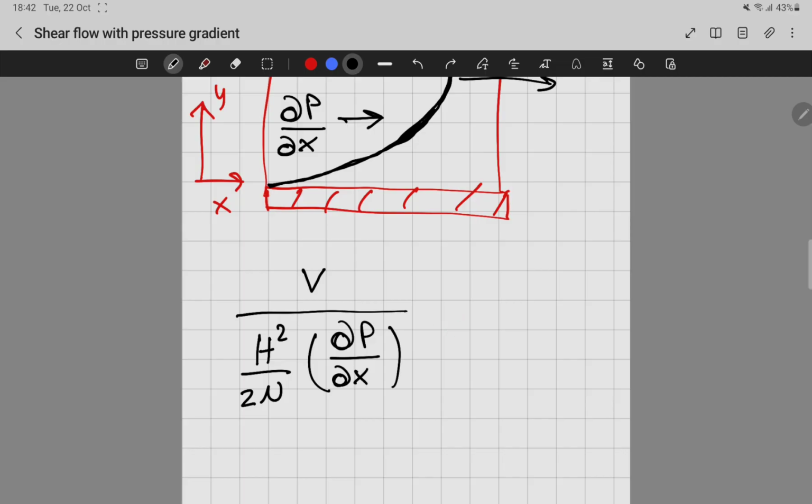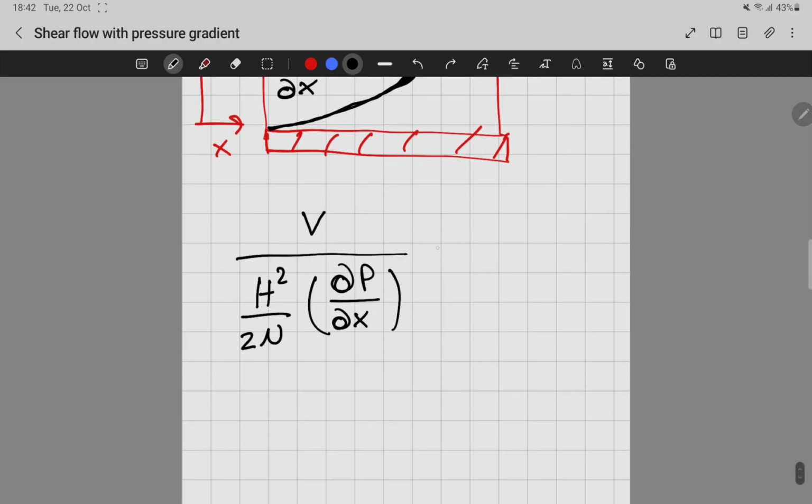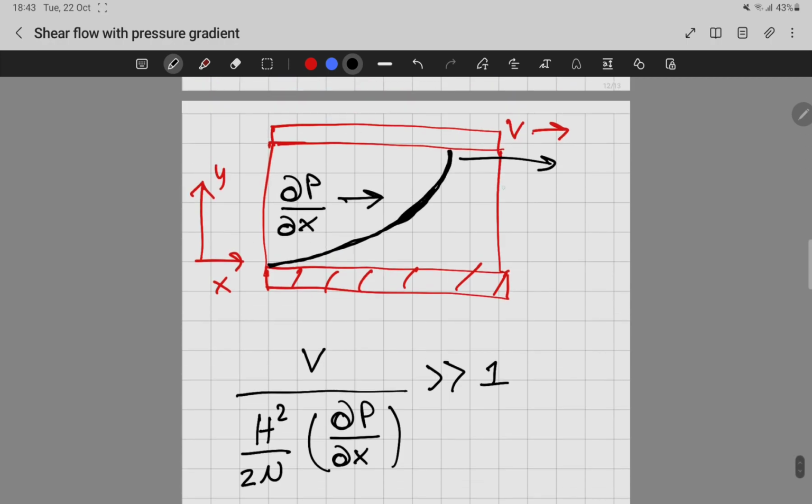If this value is much smaller than 1, the velocity contribution from the pressure is going to dominate. On the other hand, if this is much bigger than 1, the contribution from the movement of the top plate is going to dominate in the system.